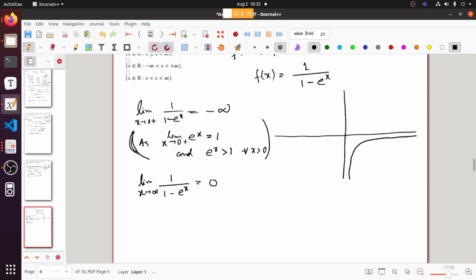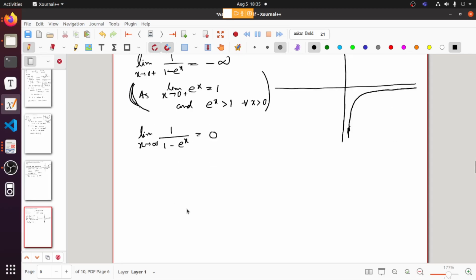As x tends to infinity, it goes to 0, and as x tends to 0 plus, it goes to minus infinity, right? So on the positive side it will look like this. Now check what happens as x tends to 0 minus.